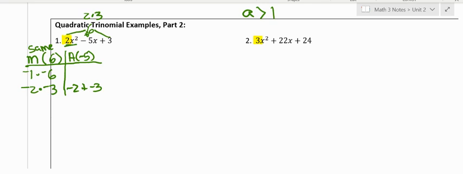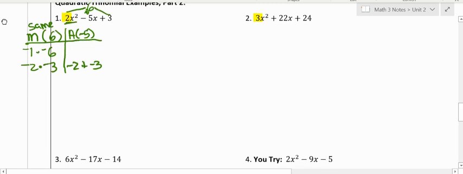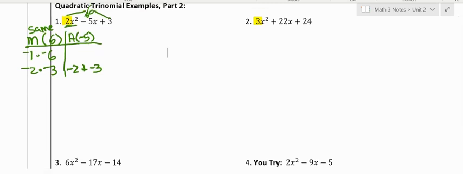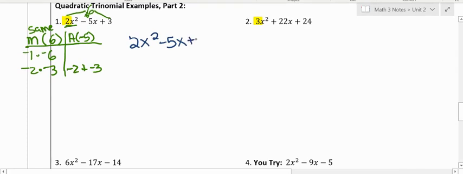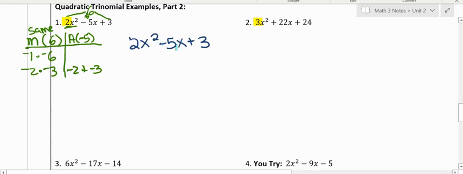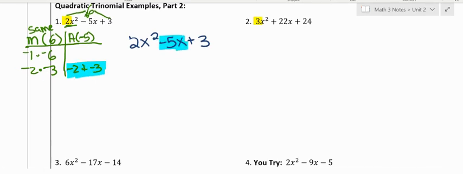So we end up having to do something different when a is greater than 1. We're going to do something called grouping, very similar to what we did in the previous section. First I'm going to take my original trinomial, and I'm going to split this middle term and rewrite it with the two factors I just found.